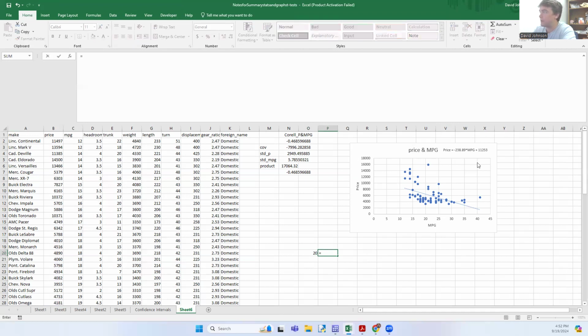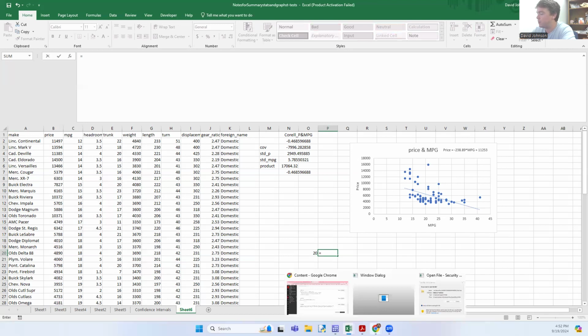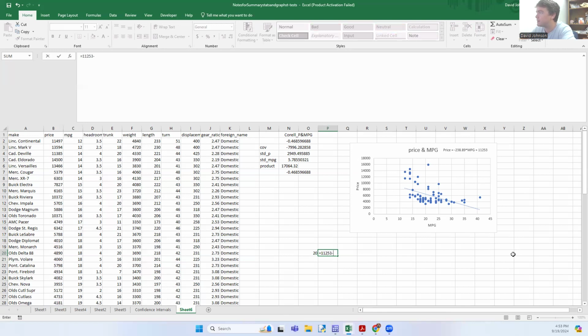Well, all we have to do is apply this formula up here, and it would be 11253 minus 238.89 times 20. And so the expected price would be $6,475. So this is MPG, and this would be the estimated price.